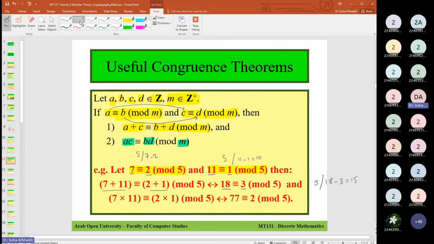Also, if we multiply 7 with 11 and 2 with 1, we get 77 and 2. They are congruent, and 5 is dividing 77 minus 2, which is 75. Okay? Any question? Is it clear so far?